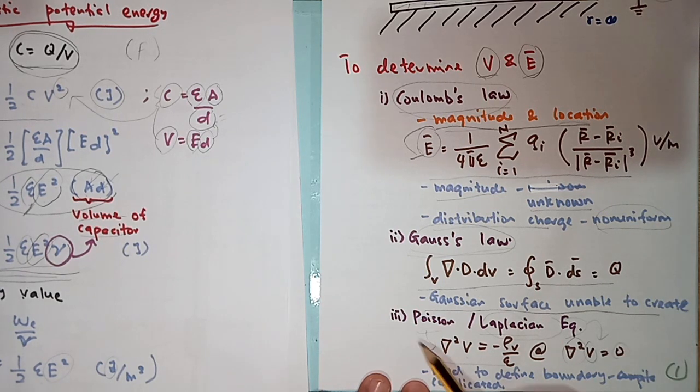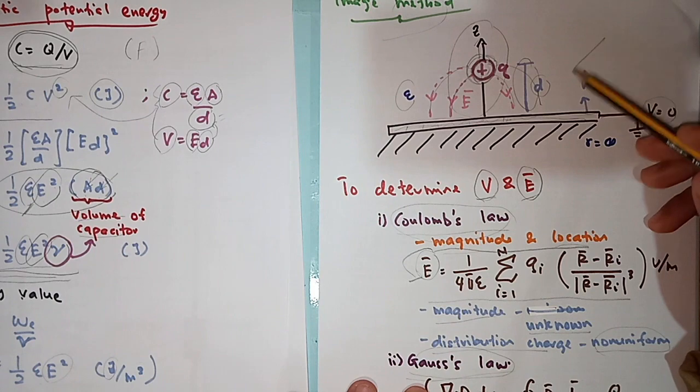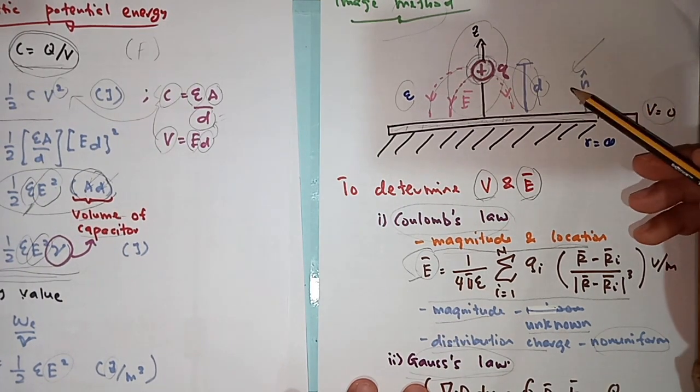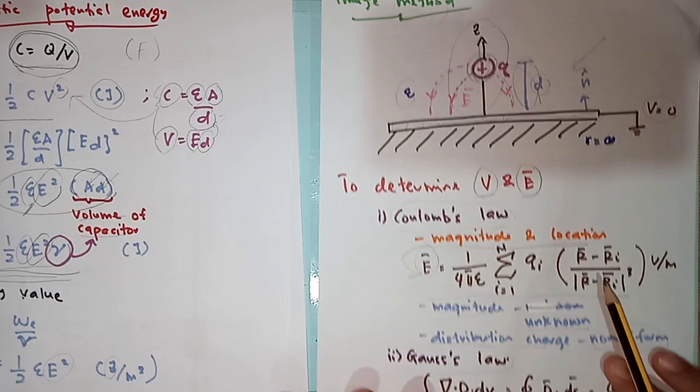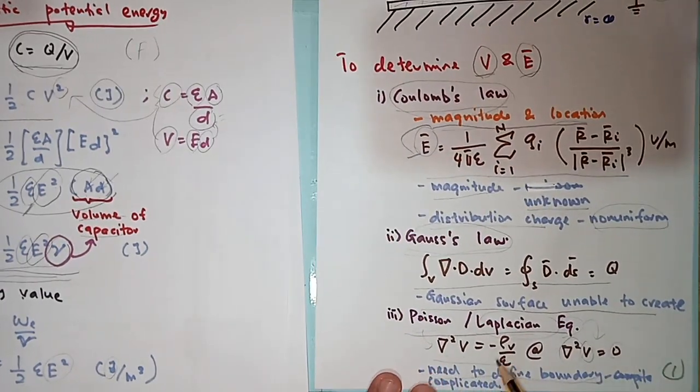In order to use these equations, we need to define the boundary condition for this case. However, the solution of Poisson or Laplace is quite complicated, and we might not be able to solve this particular problem.